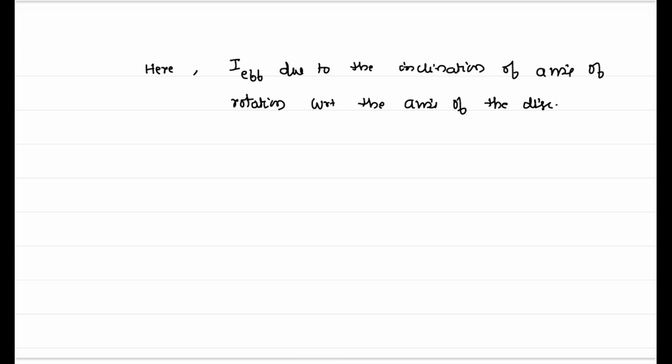For that, the effective I is equal to Ix sin square theta plus Iz cos square theta.